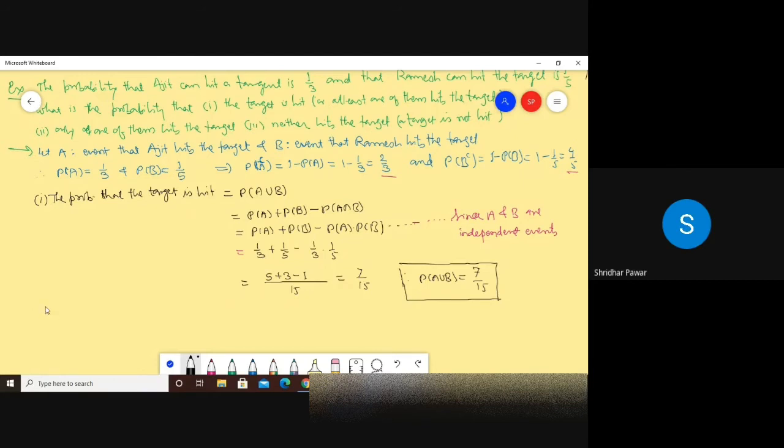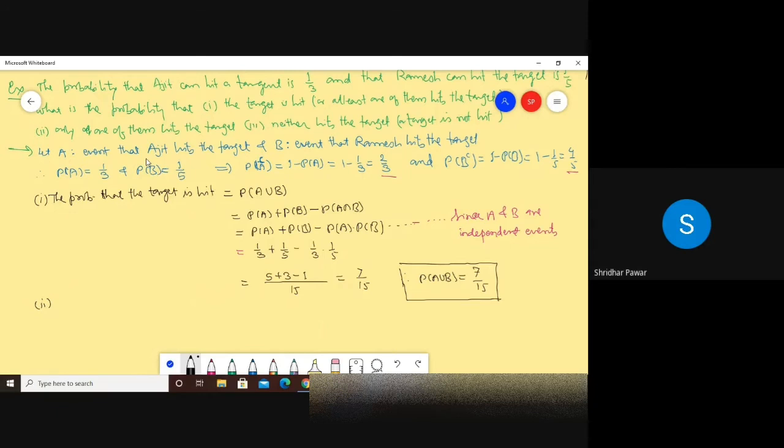Now see the second one. What is the second? Only one of them hits the target. Means A hits the target and B does not hit the target, or Ramesh hits the target and Ajit does not hit the target, right?